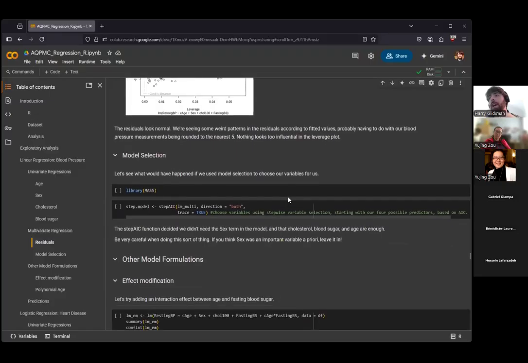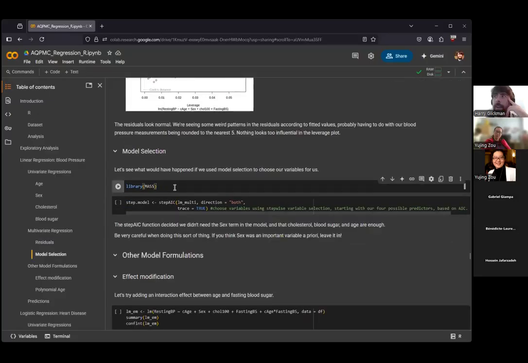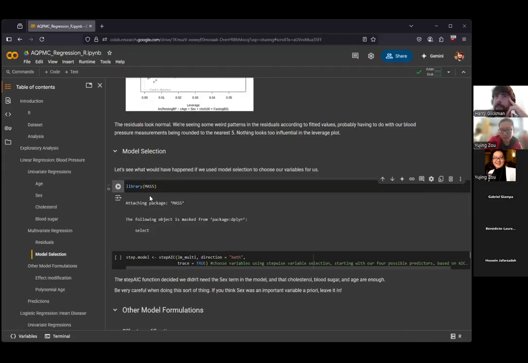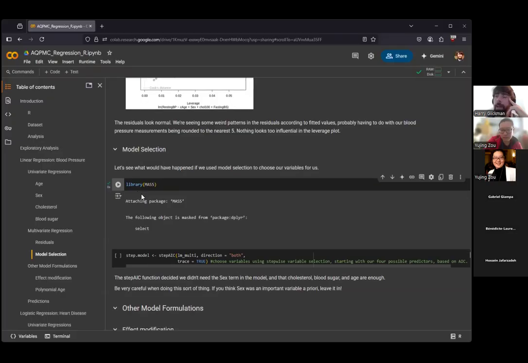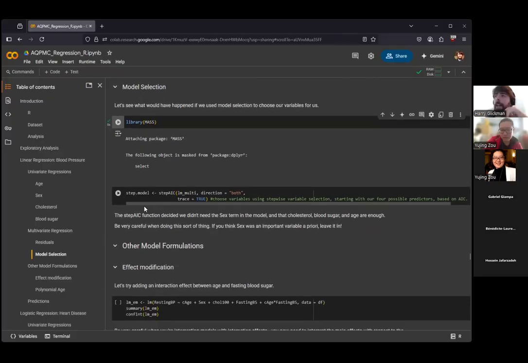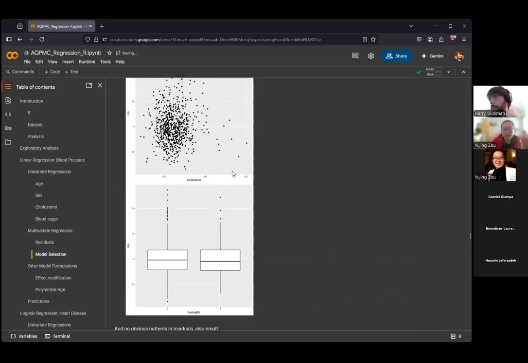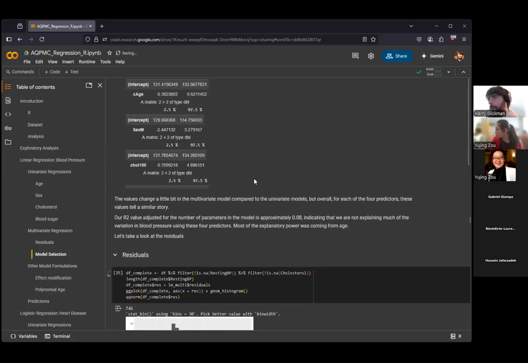I also want to show you what would happen if we used model selection. So I'm going to load this library, which is in Google Colab already. And we're going to use step AIC. I talked a little bit about AIC yesterday.